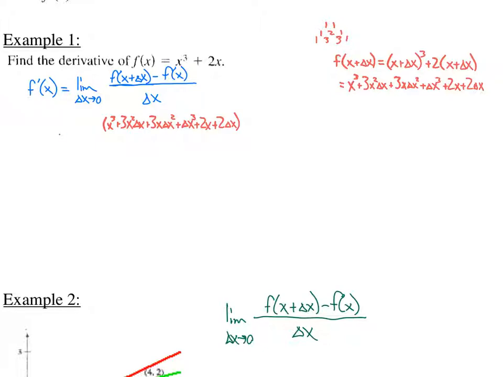Now, I am taking the limit as delta x approaches 0 of that minus the original function. So minus x cubed plus 2x, all over delta x. Okay?